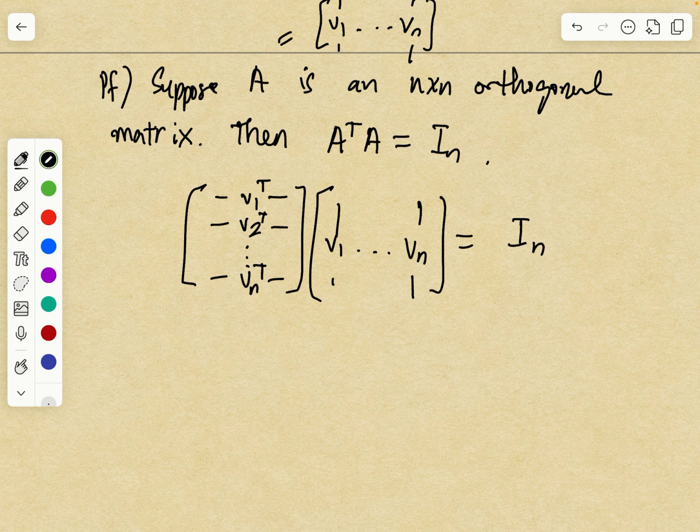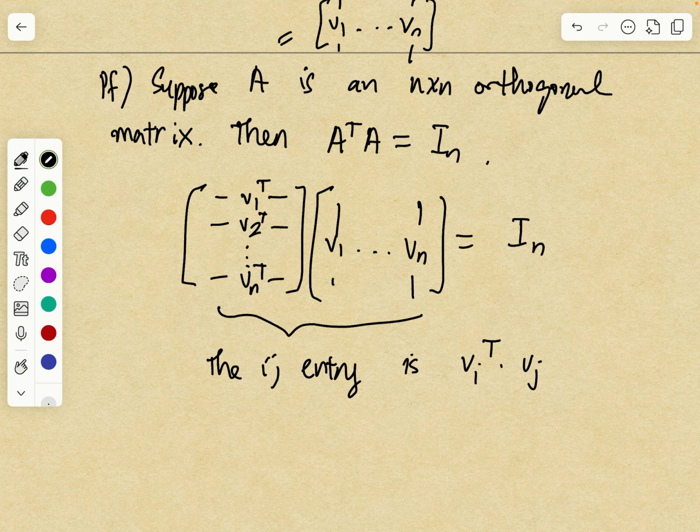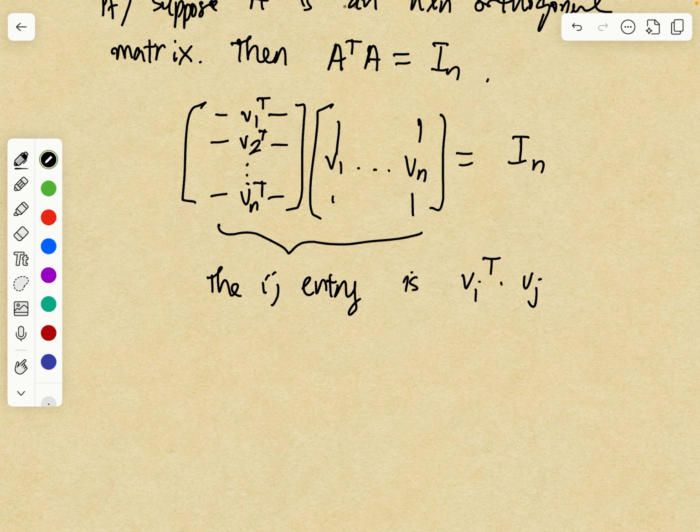Well, the ij entry of this product is equal to vi transpose times vj. You take the ith row and then multiply that by the jth column. That's what gives you the ij entry. And since A transpose A is the n by n identity matrix, what does that tell you about the ij entry?